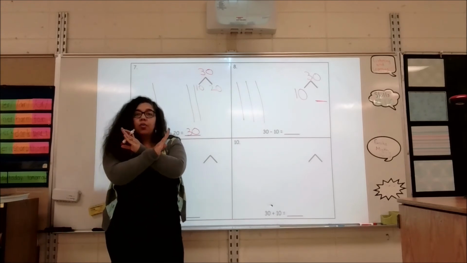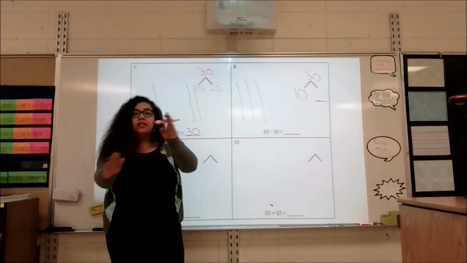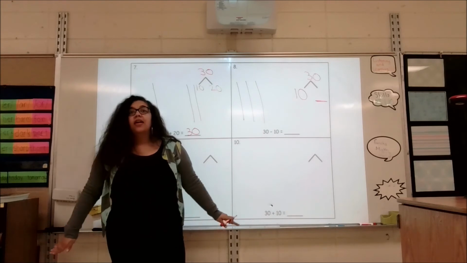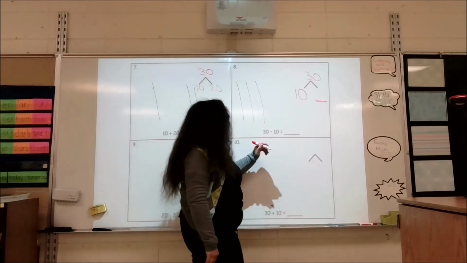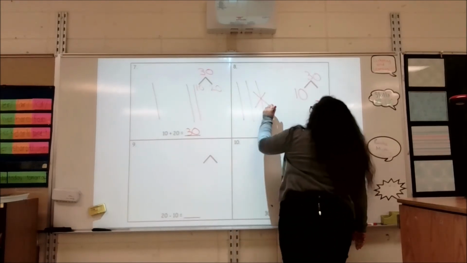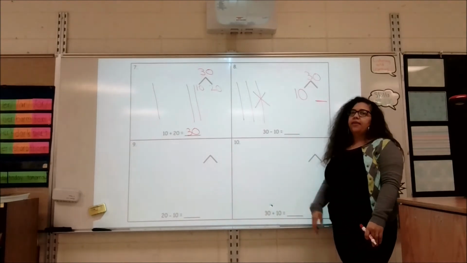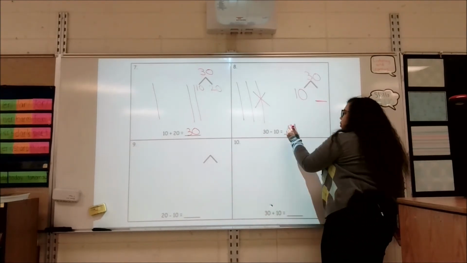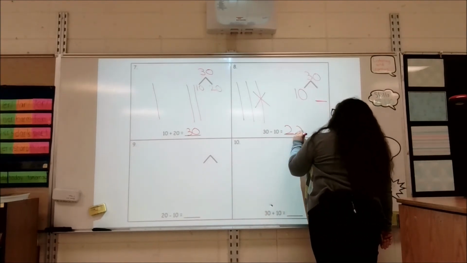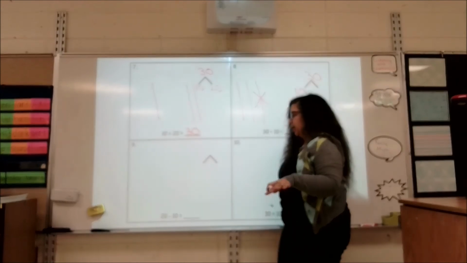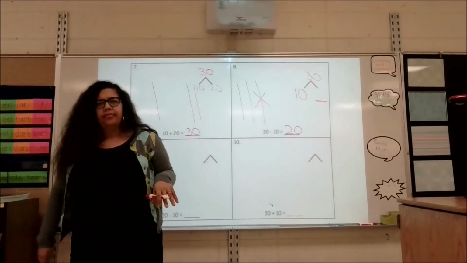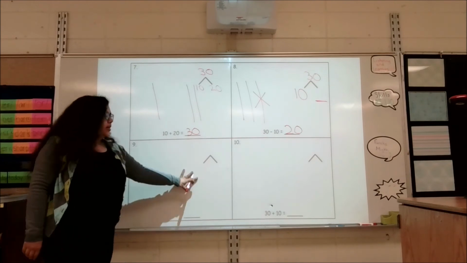Minus, take away, subtract, remove, X out a group of 10. So 30 minus 10 is equal to what's left? 20. Thank you. 30 minus 10 is equal to 20. Let's do 2 more. What is happening here?